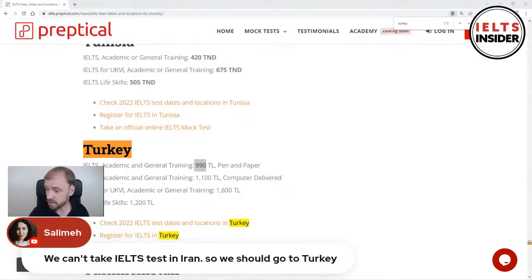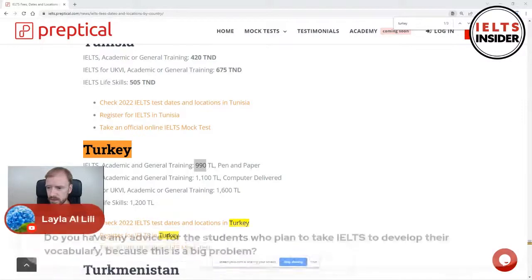That's about, oh, that's pretty cheap. That's again about 60 US dollars for the IELTS academic and general training pen and paper. Oh, the computer one is a little more, about $63. That's pretty cheap in the world for IELTS.